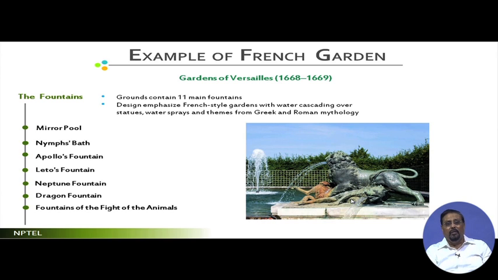And then fountains of the fighting animals. This kind of thing we have seen in many of the contemporary landscape styles which got developed over the last about say 200 years or so. These are the strong contributions of the French landscape styles.